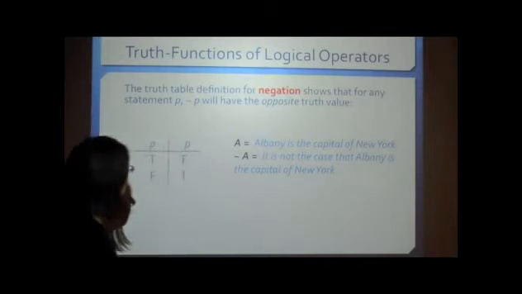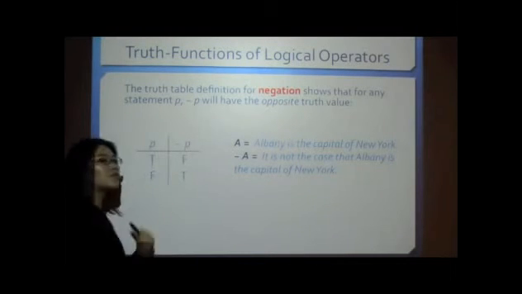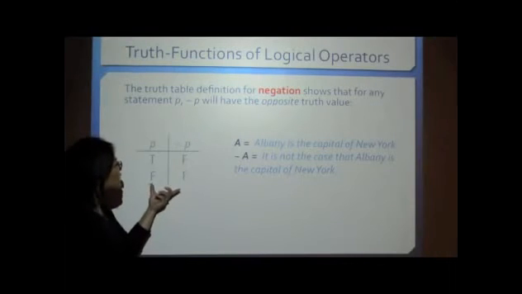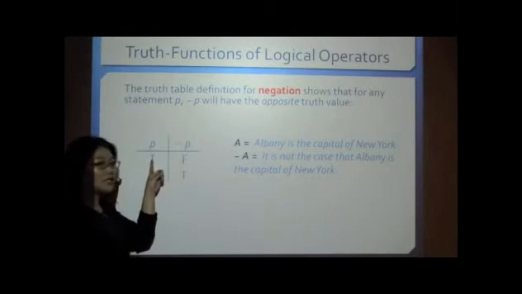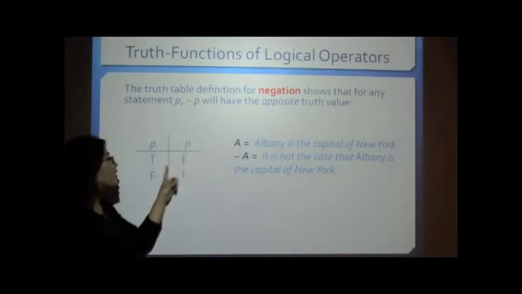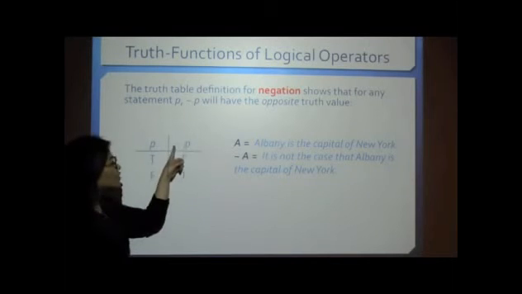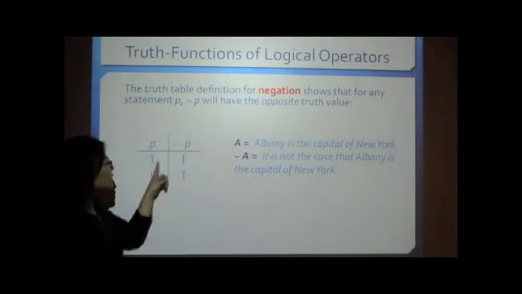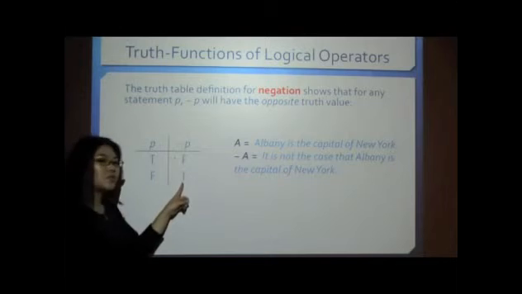Okay? So here we have the truth function for the negation operator. This truth function tells us that whenever P, a component part of the negation not P, is true, the negation not P will be false. And whenever P is false, the negation not P is going to be true.